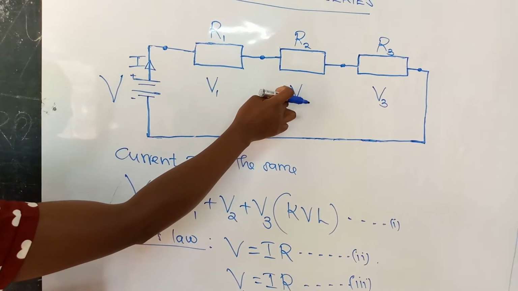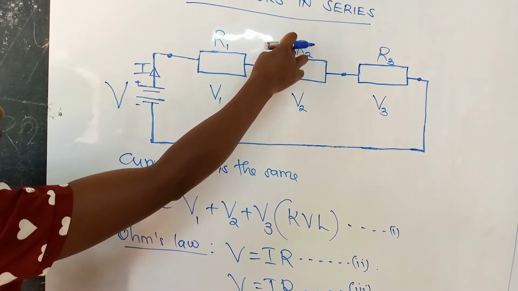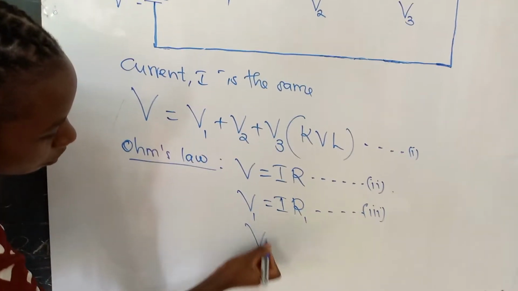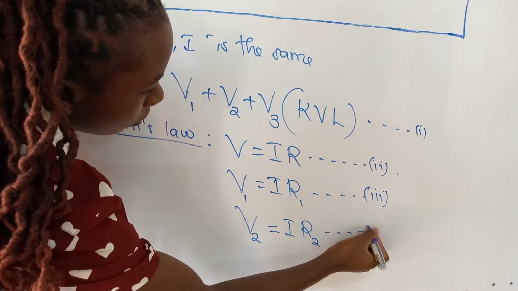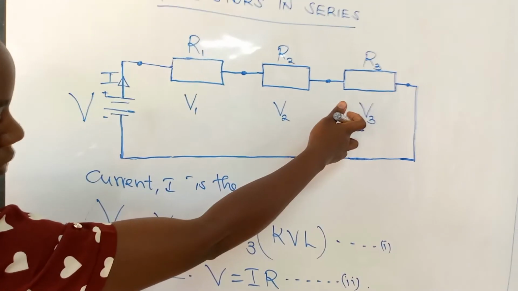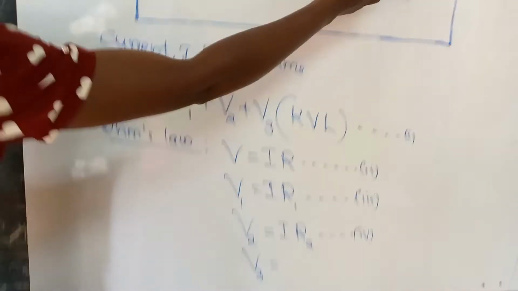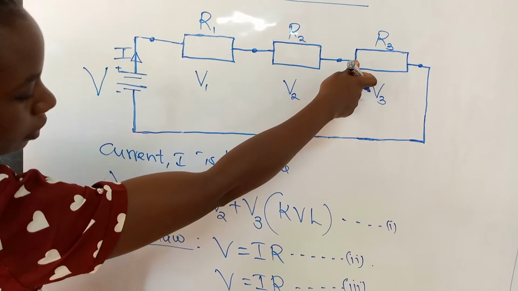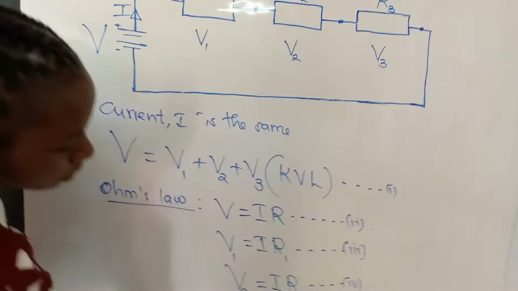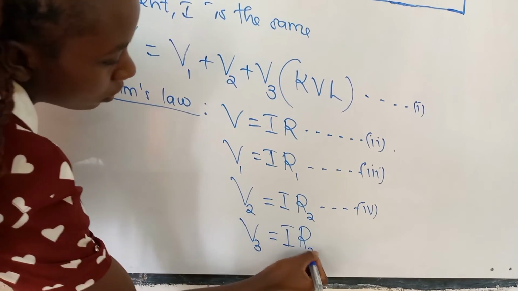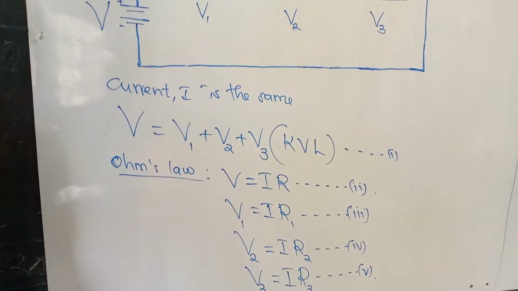The V2 here will be equal to the current here times the resistance here, which is R2. And the last voltage drop here, which is V3, is given as the current flowing through this resistance R3 here times the resistance here, which is R3. Let us call this equation 5.